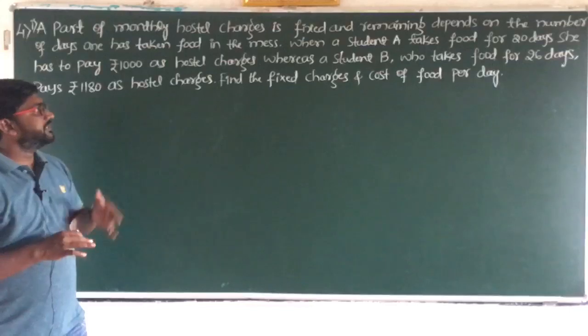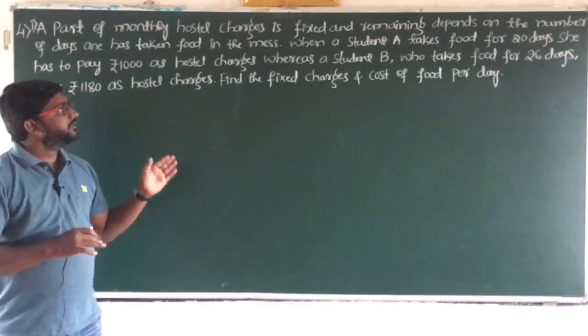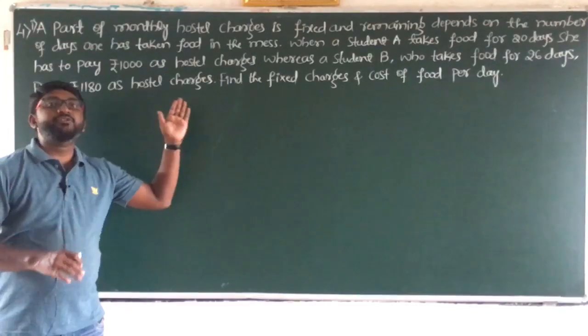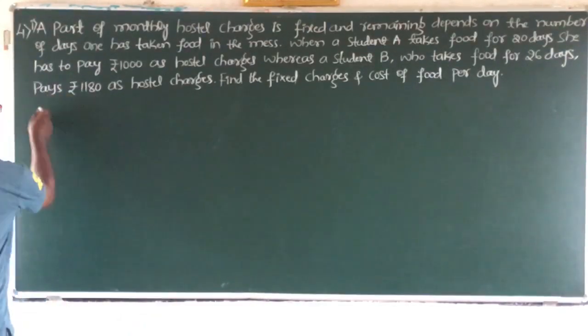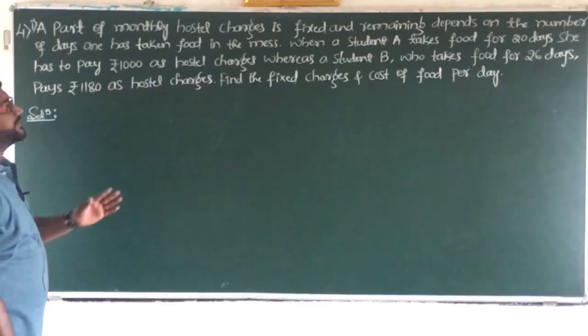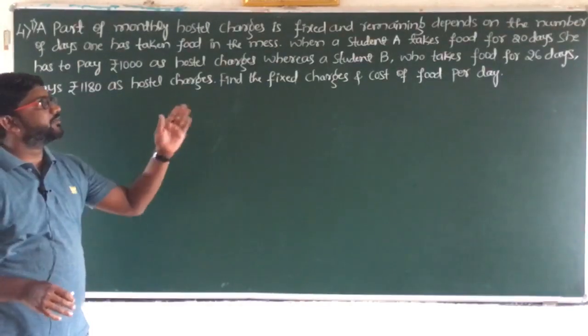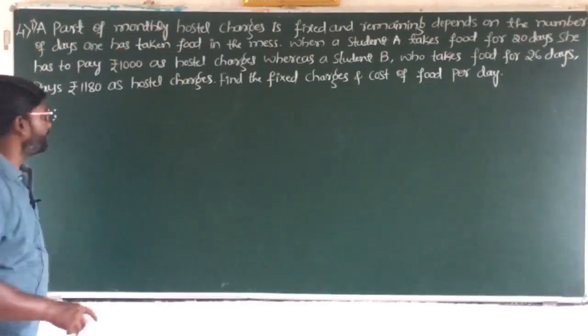So, for this situation we have to form the pair of linear equations and then find the solution by any one of the algebraic methods. So, let us solve this. Here we do not know the fixed charge and the charge of food per day, so I am going to consider them as x rupees and y rupees.